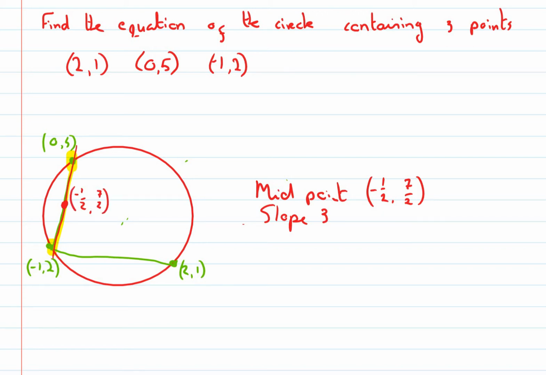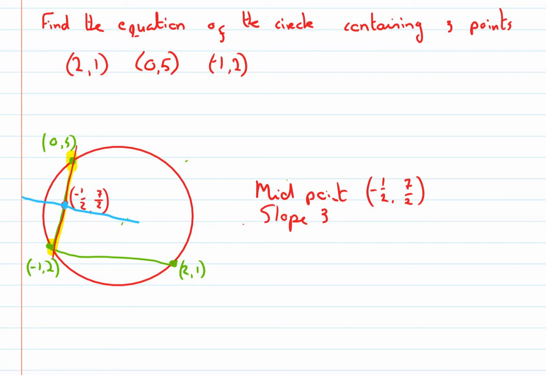What I want is the equation of this line, the line perpendicular to that chord. I need 2 things to find the equation of that blue line. I need a point on the line, which I have. Here it is, minus a half, 7 over 2. And I need the slope of that line, which I don't have. However, I do have the slope of this chord, and the slope of this chord is 3.